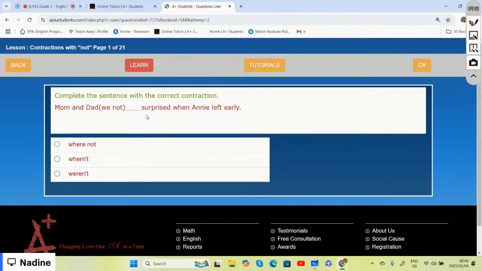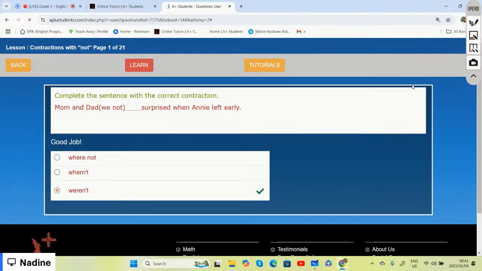Mom and dad were not surprised when Annie left early. Is it option one, were not? Option two, weren't? Or option three, wouldn't? If you were to choose the correct option, we'll go with option two, weren't. Yes, option two is correct.